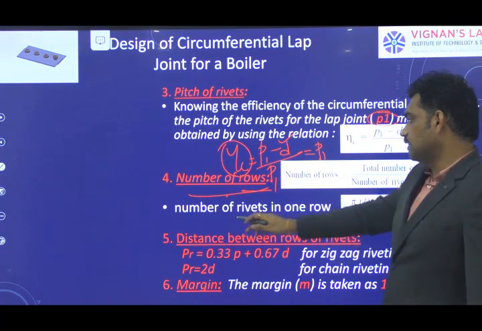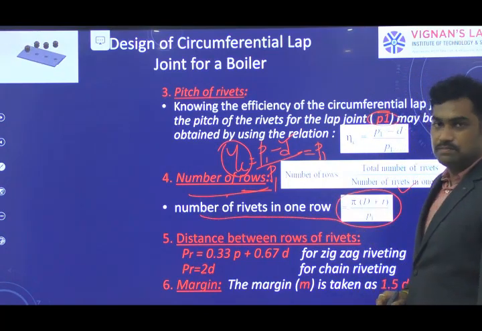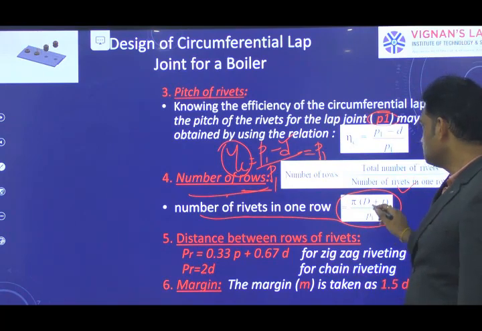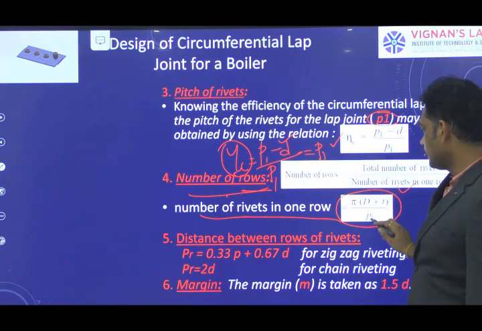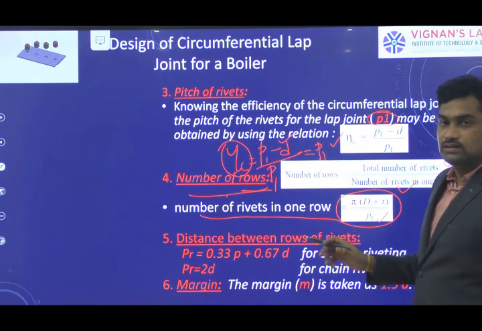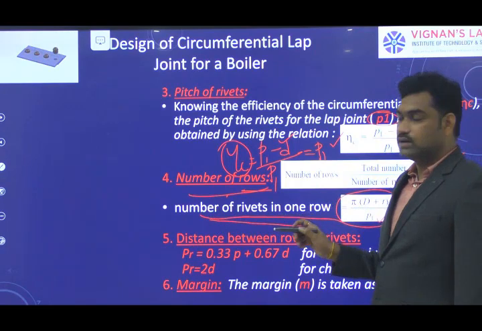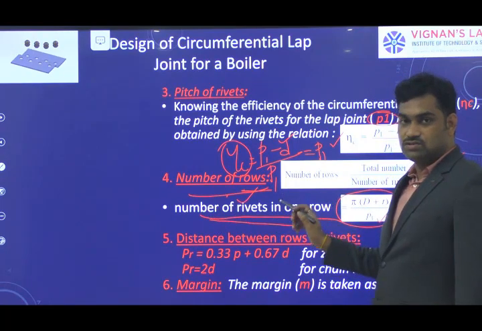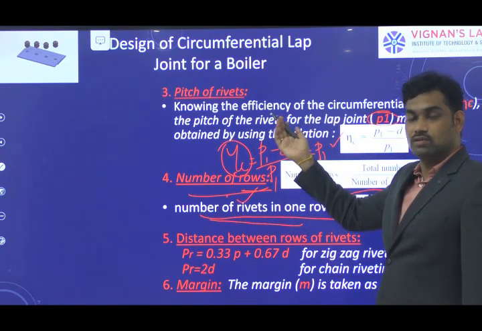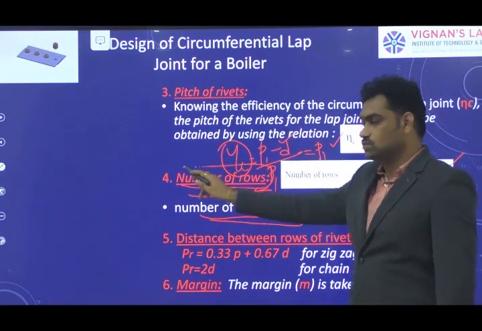The number of rivets in each row is obtained by pi (D plus t) divided by the pitch P1, which was calculated here. So the circumference divided by the pitch gives the number of rivets in each row. Since we know the number of rivets in each row as well as the total number of rivets in a joint, from that you can find the number of rows required.